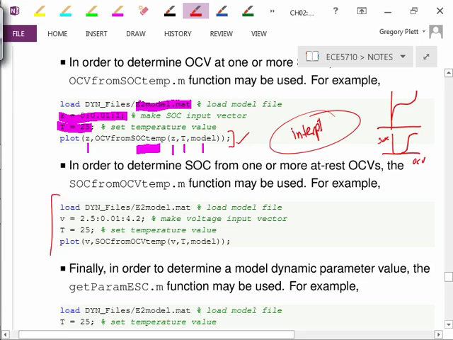So if I want to know what is the state of charge, if I already know the OCV and the temperature, this is how to do it. I can again load the model file. I can set a vector of voltages for which I want to know the SOC point, and I set a temperature, and then I can plot or compute voltage against SOC from that voltage.